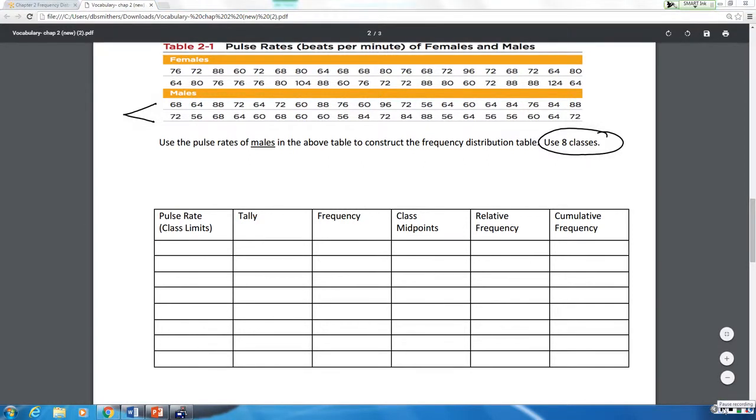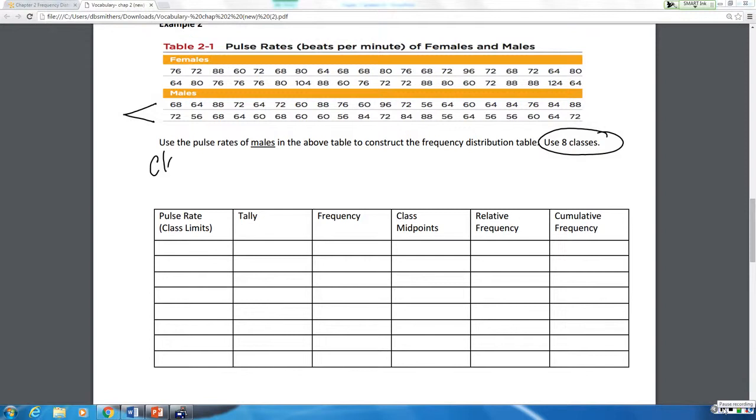Remember, when you're doing your class width, you want to get this memorized. Max minus min divided by the number of what? Classes. And so what was the max again? What y'all find? I think 96 for the males is your highest number, so be careful. 96 minus 56 divided by 8.